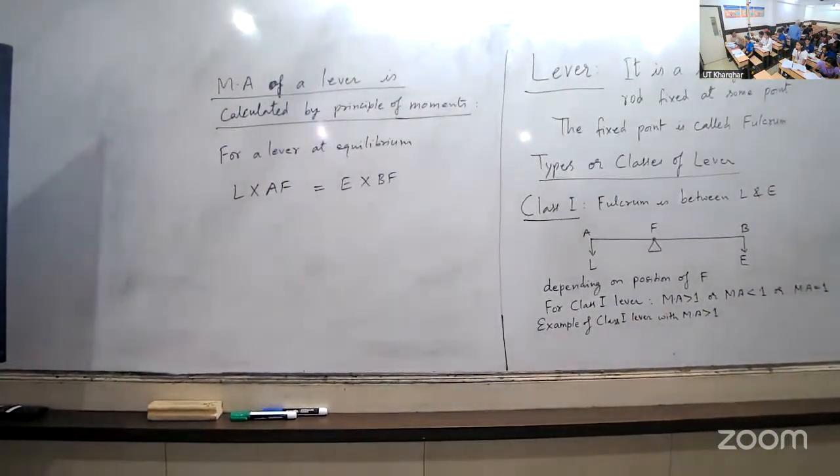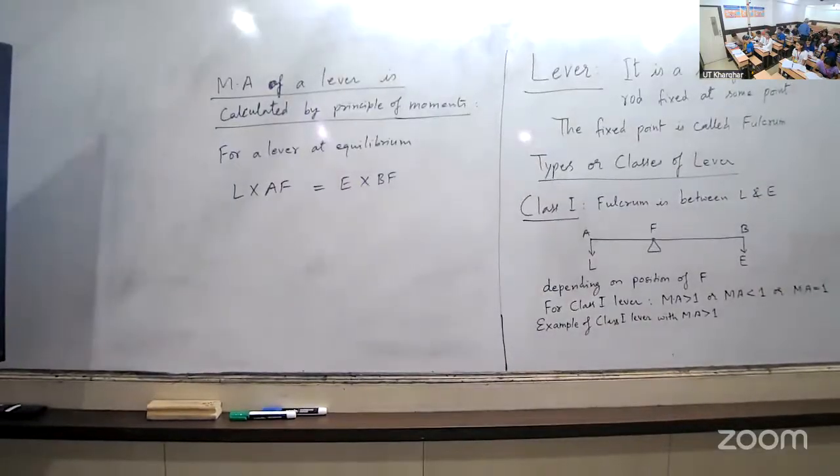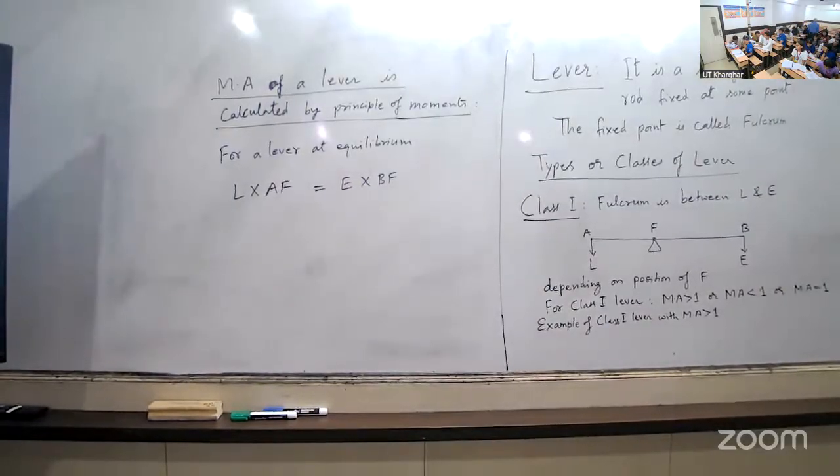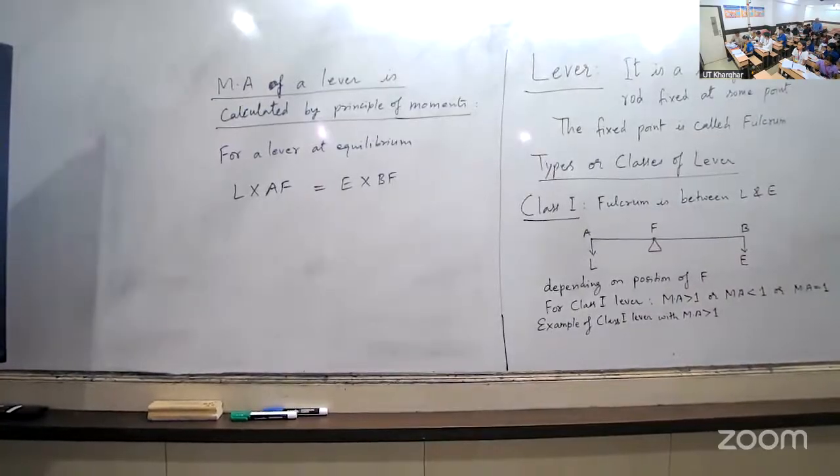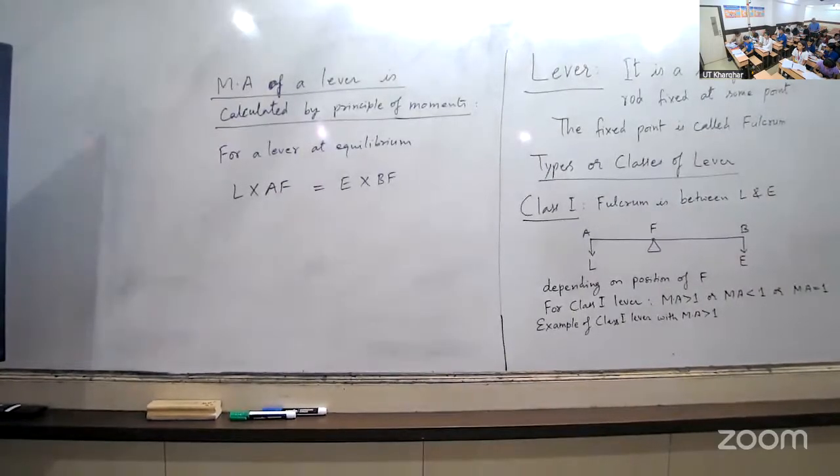By applying principle of moments to the lever at equilibrium, what can we say? Clockwise moment is equal to anti-clockwise moment. What is load into AF? Which moment is that? Anti-clockwise, right? And effort into BF is clockwise. Okay. So for lever at equilibrium, we got this.